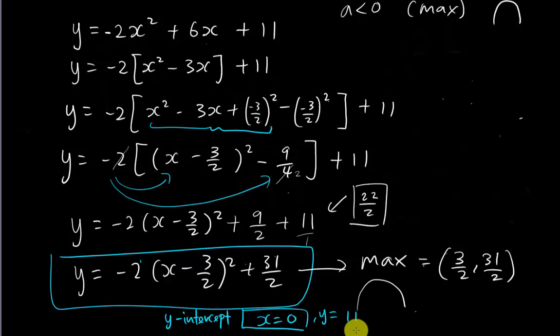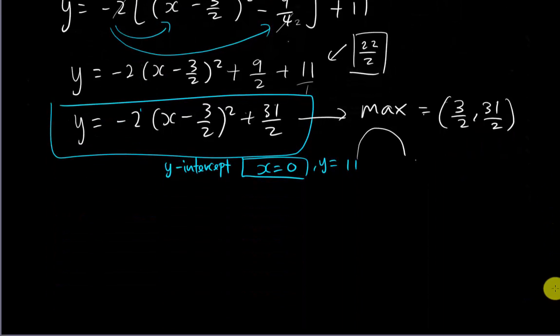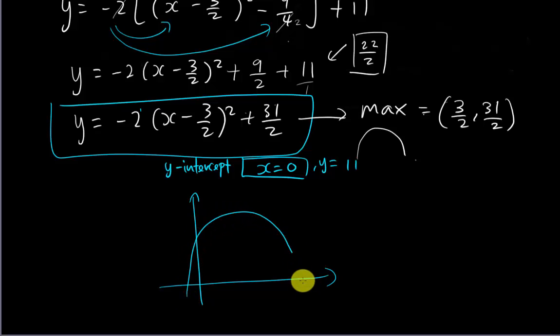Alright, so if I have all this information, then I can sketch my curve easily. So I have my maximum here. 31/2, okay, this is something like 15 point something. So I just sketch like this. It doesn't matter. This one will be 3/2.